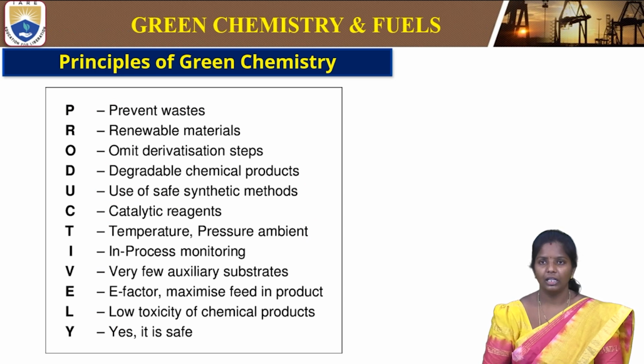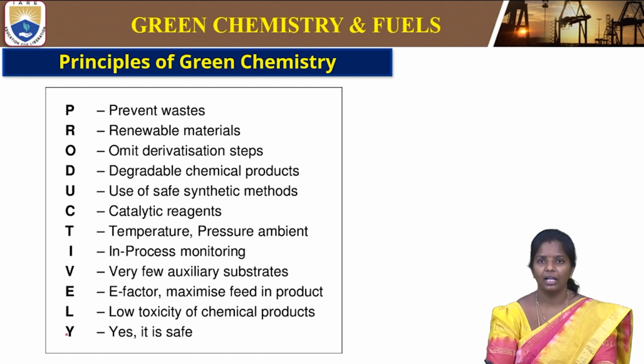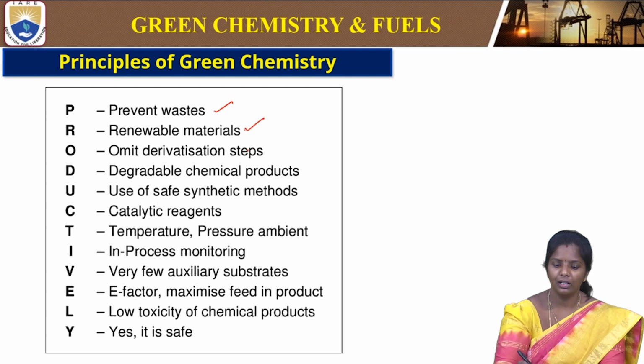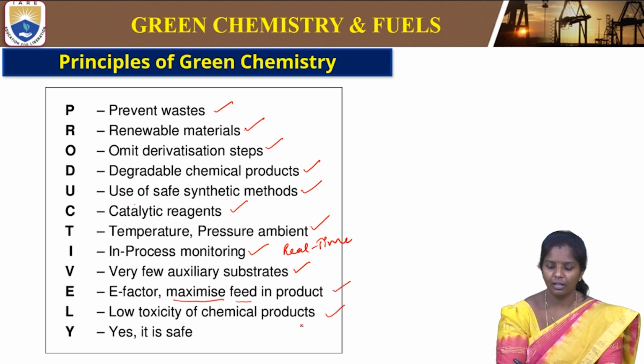So as a shortcut, we can just remember the word "productively" and define all the 12 principles: prevent waste, renewable materials, omit derivatization steps, degradable chemical products, use of safe synthetic methods, catalytic reagents, temperature and pressure ambient, in-process monitoring, that is nothing but real-time monitoring, very few auxiliary substances, E factor or maximum feed in product, low toxicity of chemical compounds.